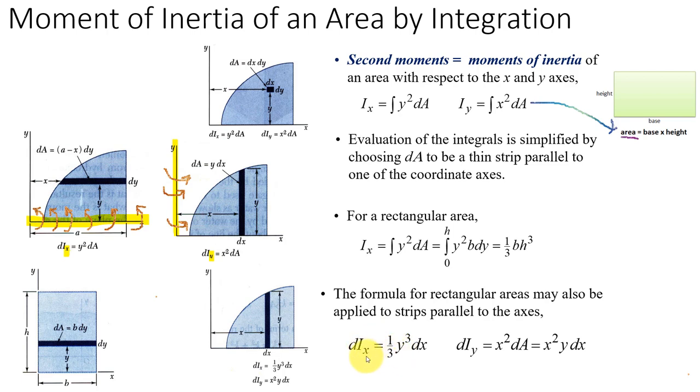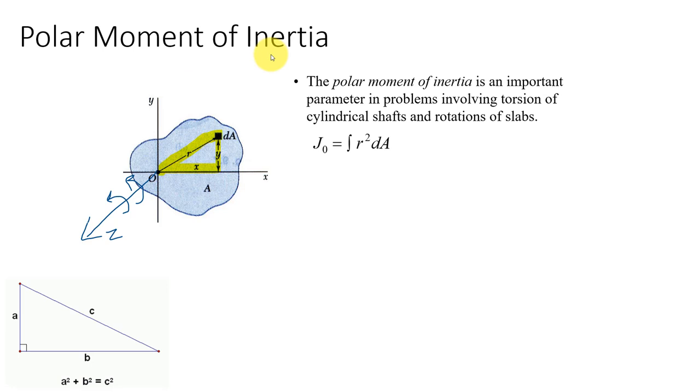Okay, so there's the Ix and the Iy, again, x squared dA, where dA is usually y times dx. Polar moment of inertia. All this is, instead of rotating around the x-axis or the y-axis, we are now going to rotate around the z-axis, the axis coming out of the board, for which we're going from the axis of rotation at 0, 0 out to each element.